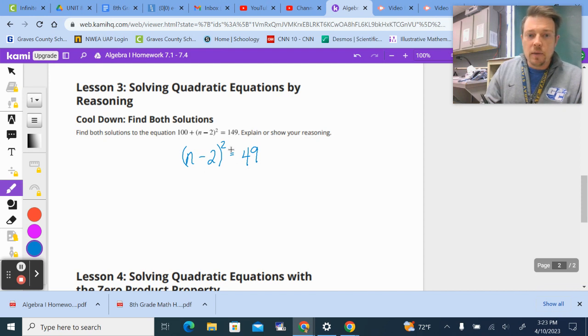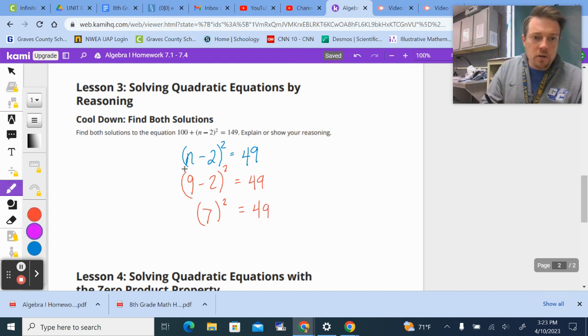And a number that would make this 7 would be 9. If I put 9 there and I work it out, I would get 9 minus 2, which is 7, and 7 squared, of course, is 49. So my answer here for the first part is 9, and that's pretty easy.